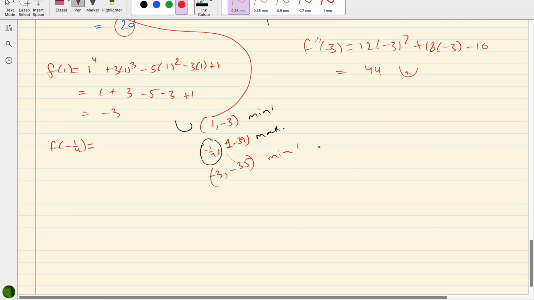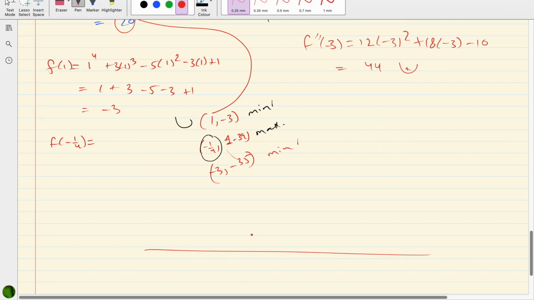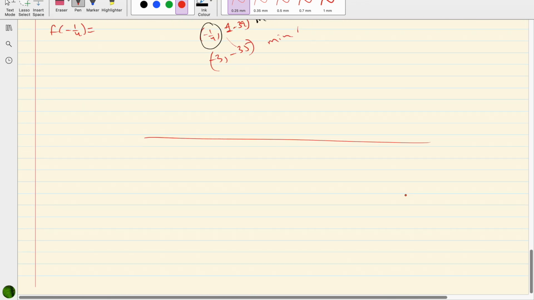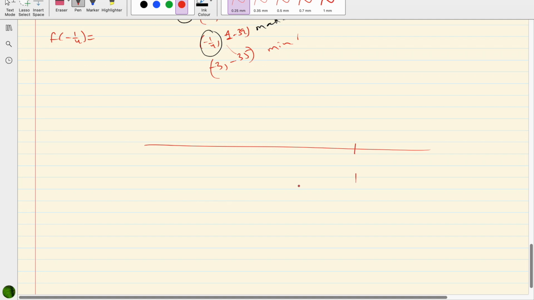Okay, so in order to sketch the graph, I know we have turning points at 1, negative 1 by 4 and negative 3. So let this be 1, this is, let's say, 0, minus 1, minus 2 and minus 3.